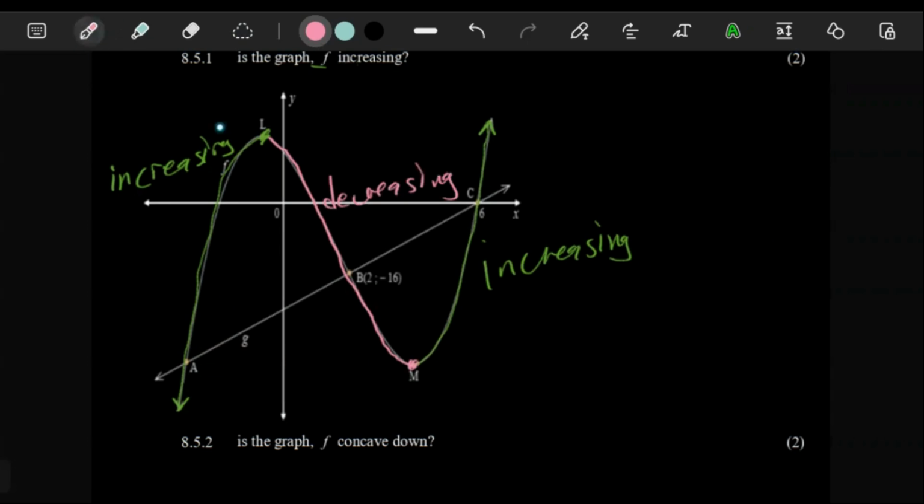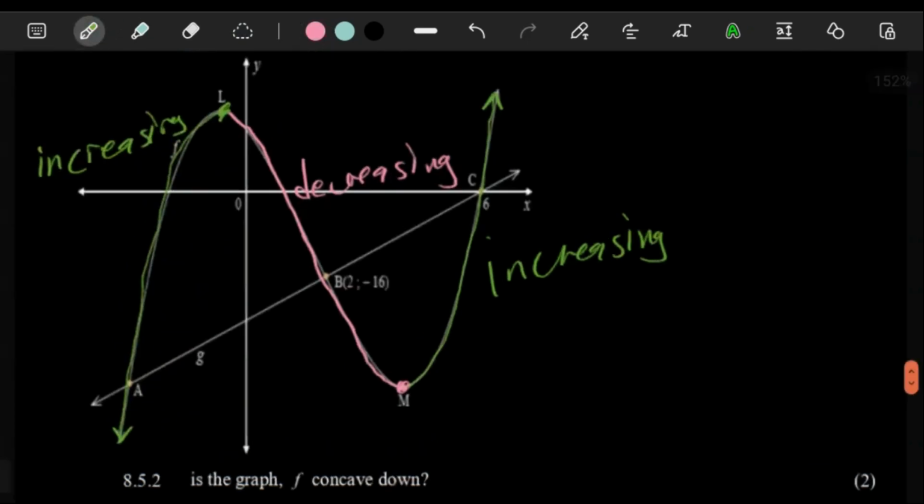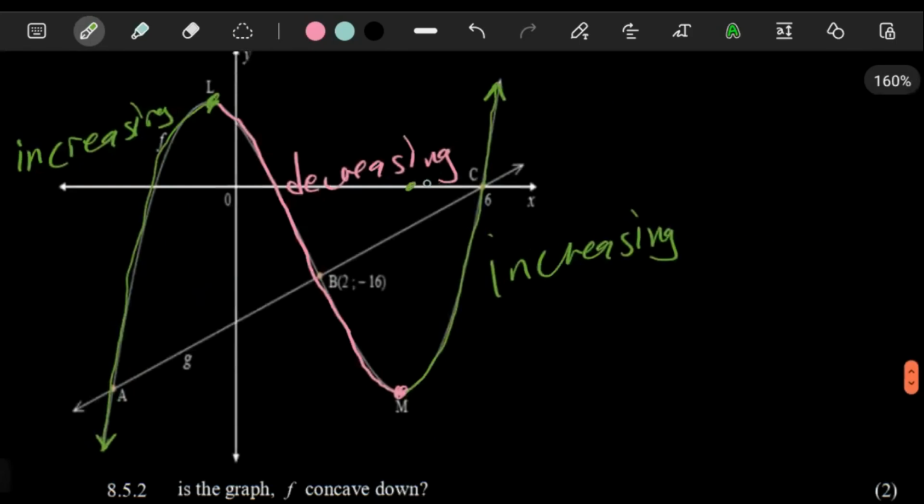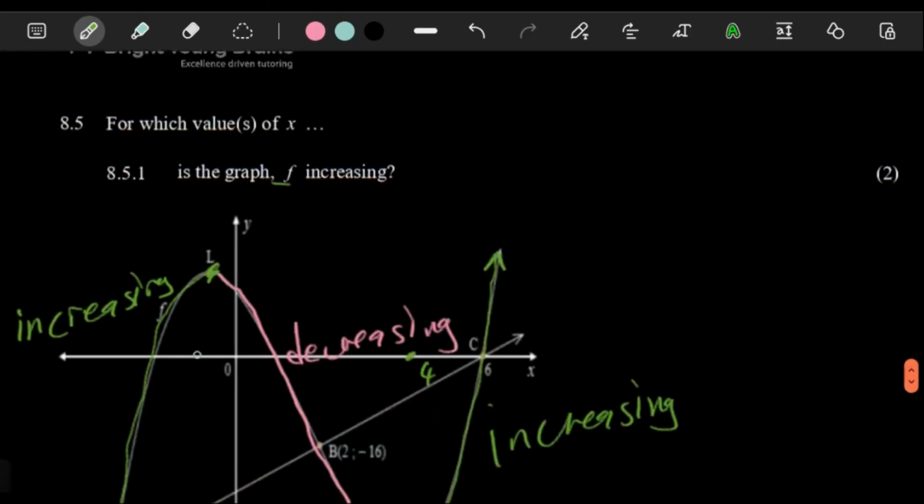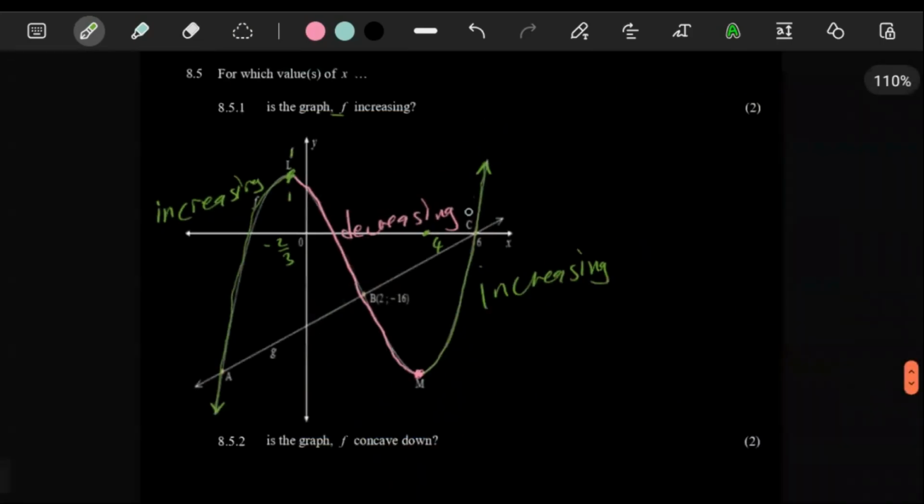The first x value we got as 4, the other one was negative 2/3. So the graph is increasing from negative infinity all the way until negative 2/3. That's the first portion.